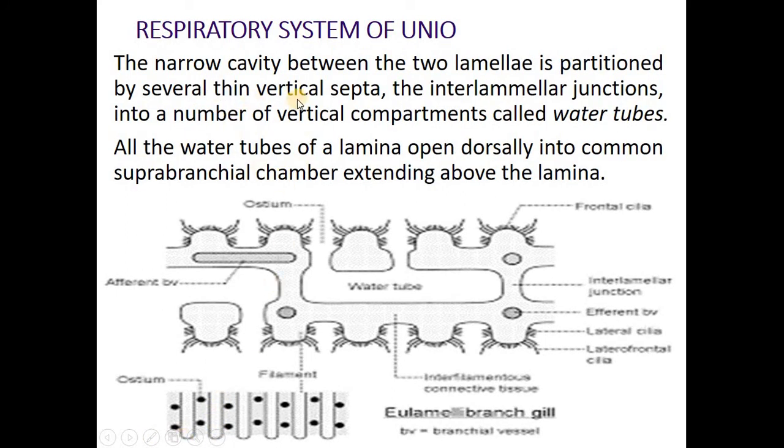The narrow cavity between the two lamellae is partitioned by several thin vertical septa, the interlamellar junctions, into a number of vertical compartments called water tubes. Further, all water tubes of the laminae open dorsally into common suprabranchial chambers extending above the laminae.